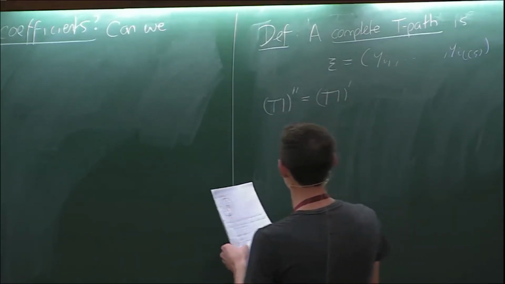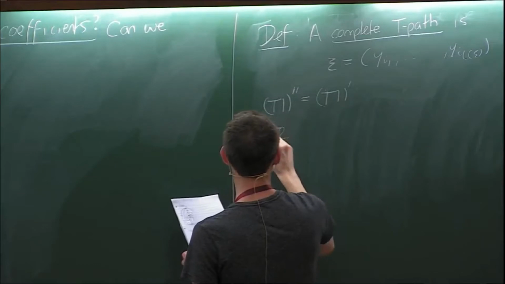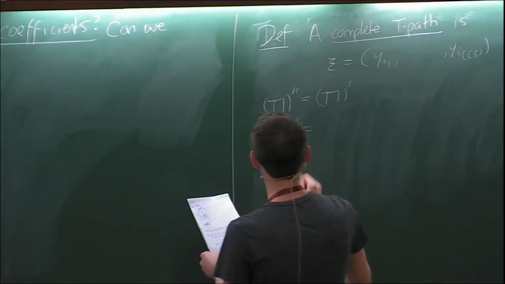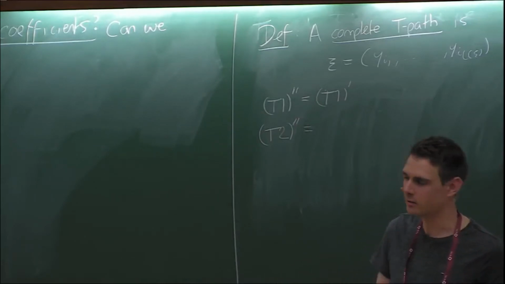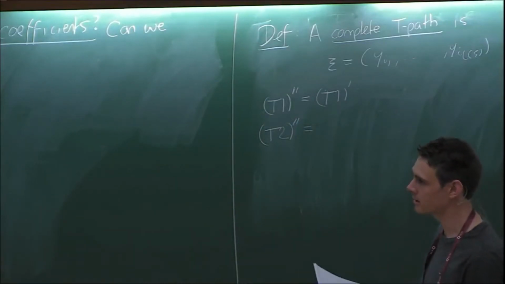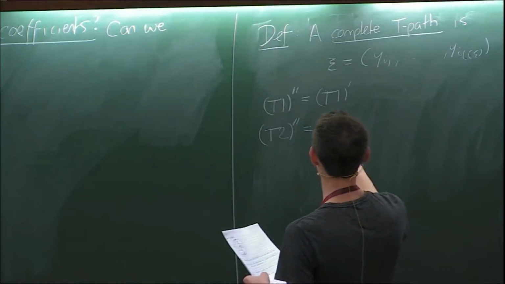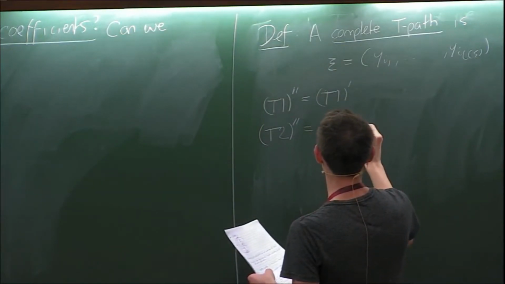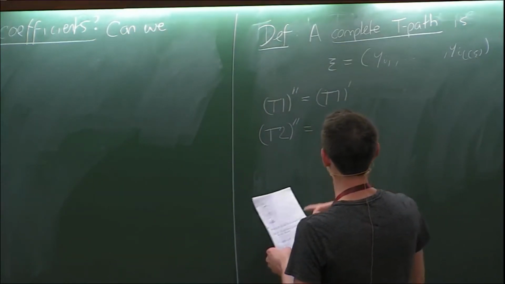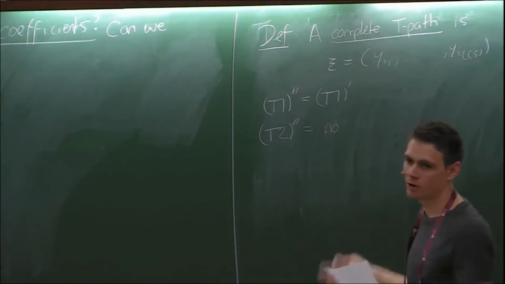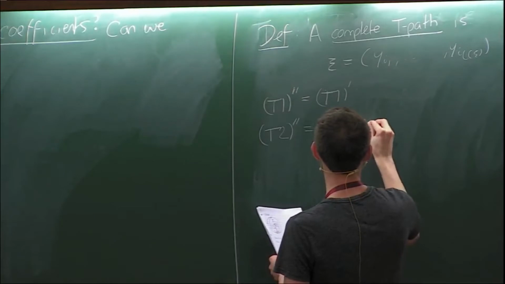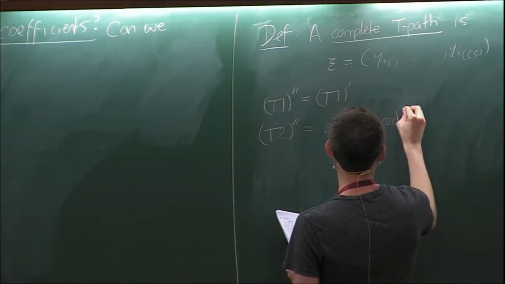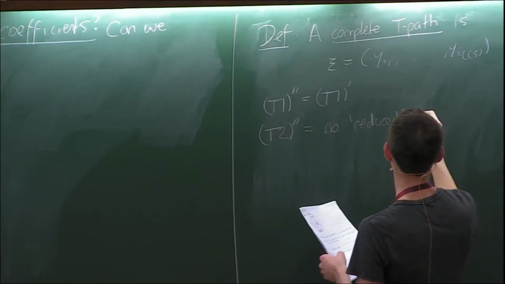We want this concatenation property. T2 prime is, in reality, no condition, but I'll write it just to compare it to the old, saying that now there's no reduced restriction. This reduced condition is relaxed.